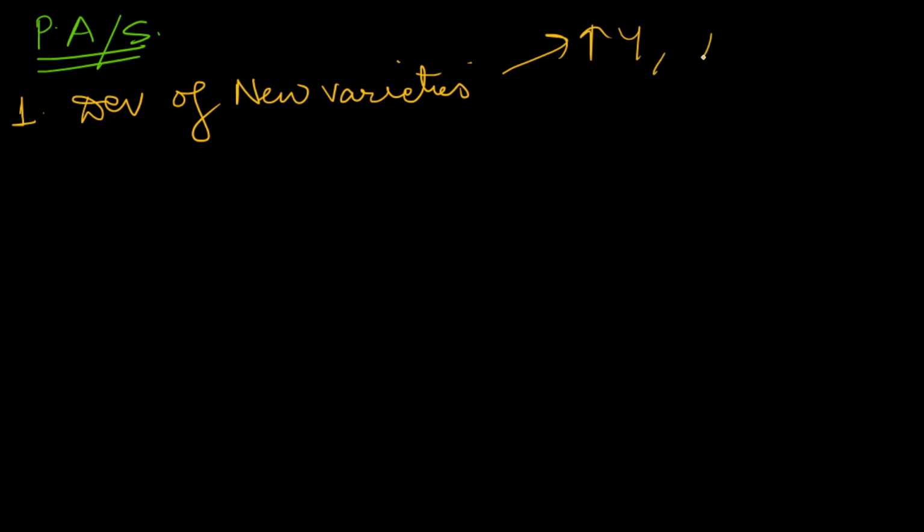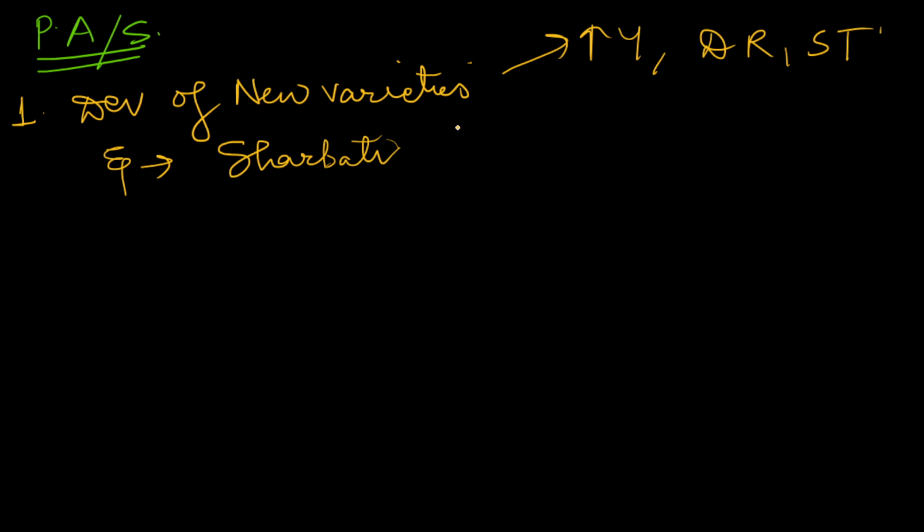So the first one is the development of new varieties. These new varieties can be of various qualities. It can help in high yield, disease resistance, stress tolerance, any feature can be there. And you can give examples of some cereals here, such as in wheat there is a developed variety, Sarbati Sonora.